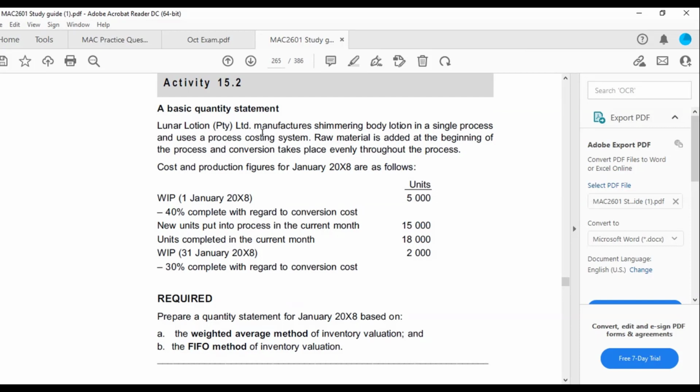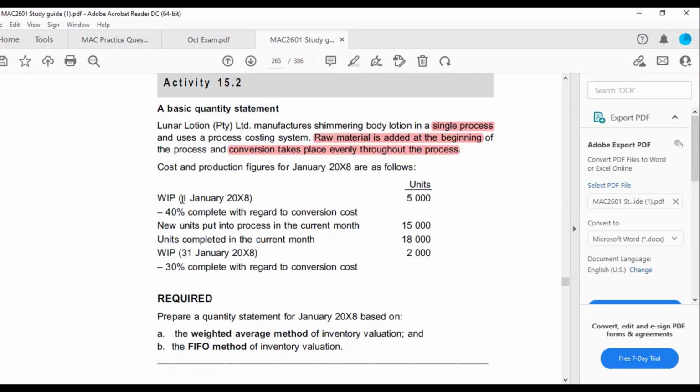Luna Lotion manufactures shimmering body lotion in a single process, and they use process costing. Raw material is added at the beginning of the process and conversion takes place evenly. Cost and production figures are as follows.